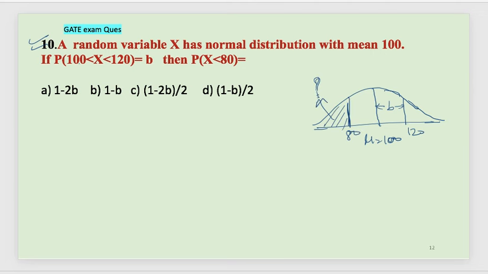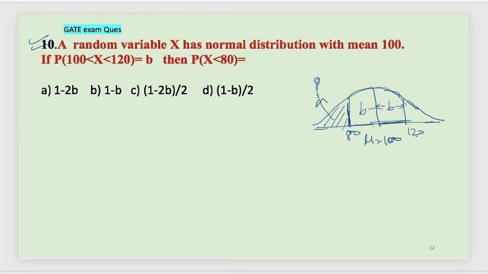What we are observing is that 100 to 120 and 80 to 100 are both at the same distance, right? So it means the curve is symmetric, so obviously the area on the right hand side till 120 is the same as the area from 80 to 100.